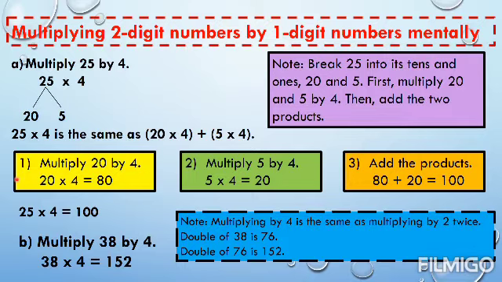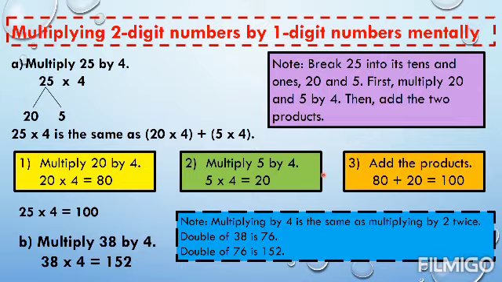The answer is 80. For step 2, we multiply 5 by 4, and the product is 20. After that, we add the two products, the 80 and the 20, and the sum is 100. So if we multiply 25 and 4, the product is 100.